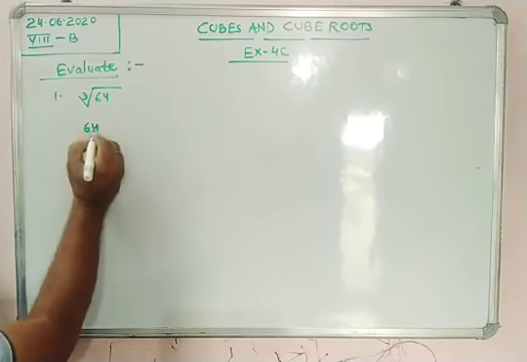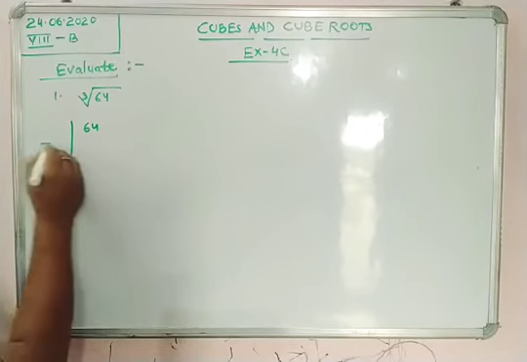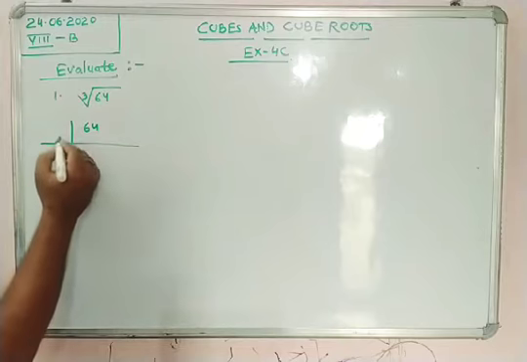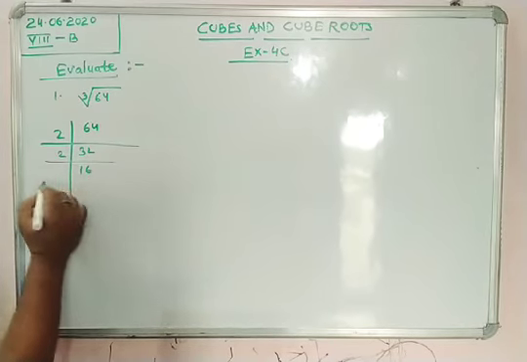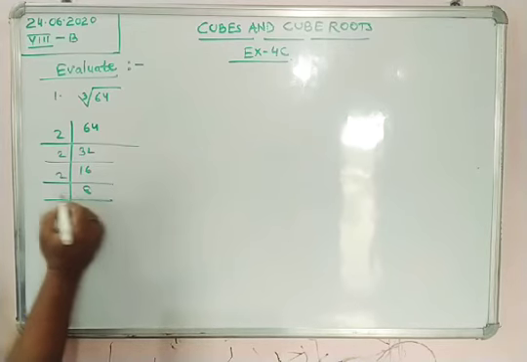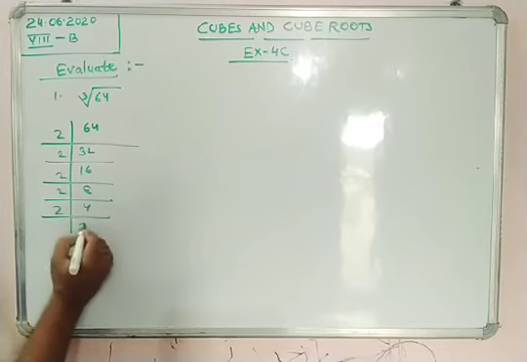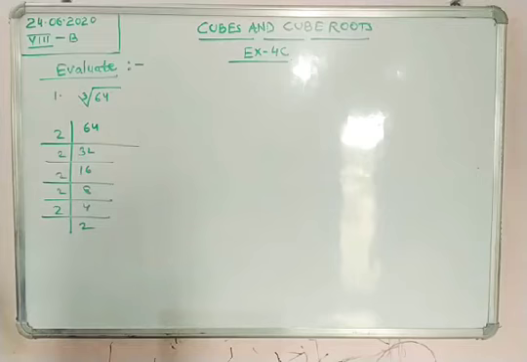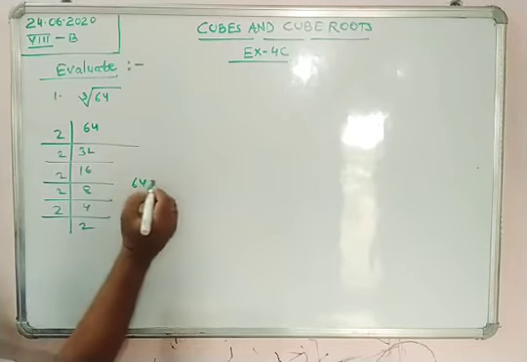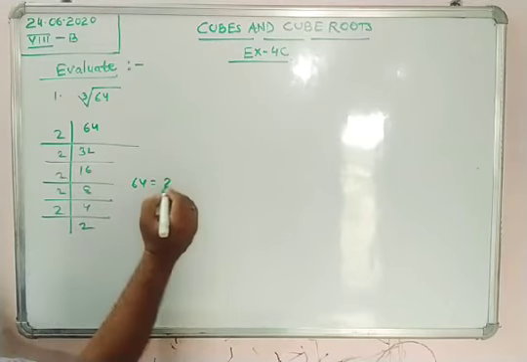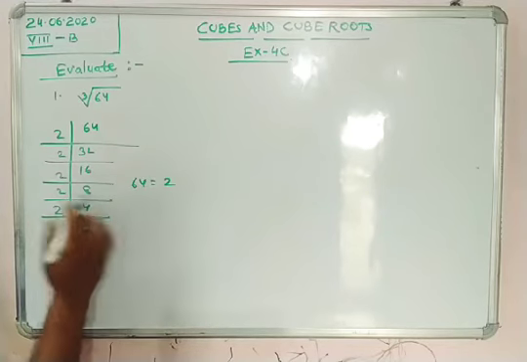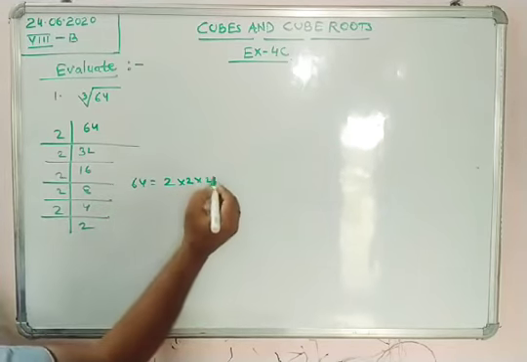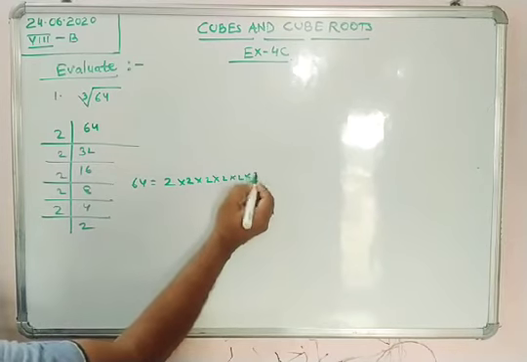So for finding the cube root of 64, we will factorize. 2, 32, again 2, 16, 2, 8, 2, 4, 2 2s are 4. So 64 can be written as, in the form of cube, 2 into 2 into 2, 2 into 2 into 2.